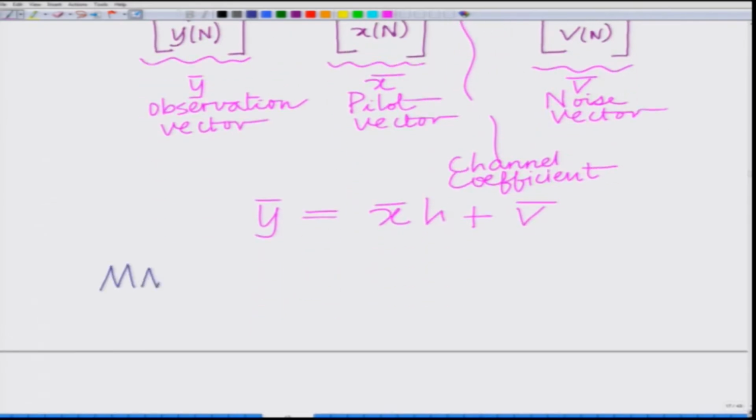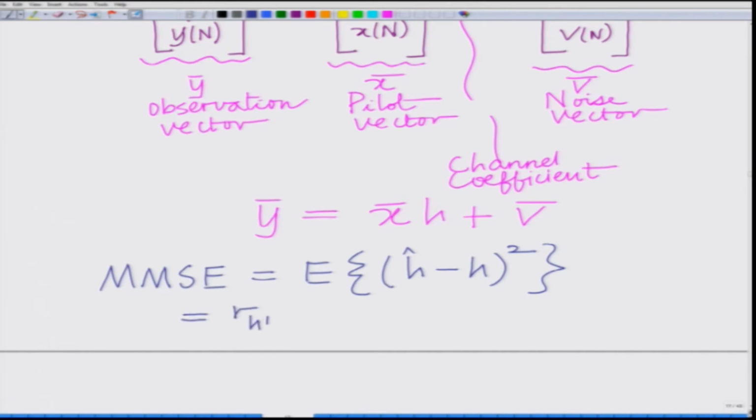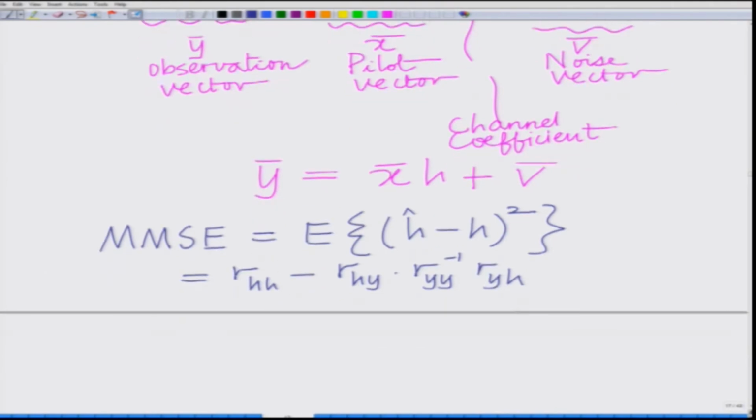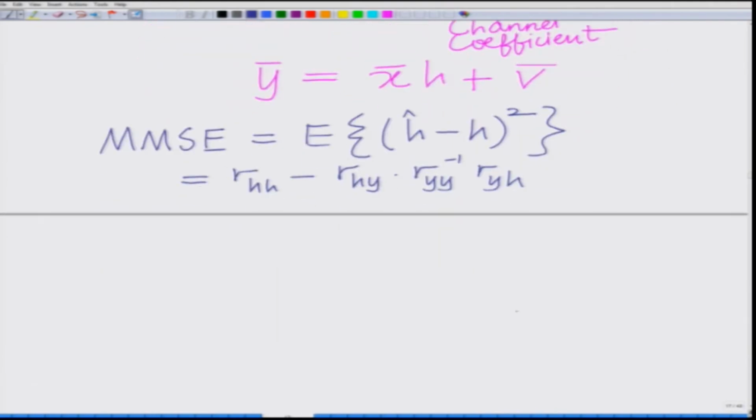and the MMSE, the minimum mean squared error, is equal to the expected value of magnitude of h hat minus h whole square. This is equal to R_HH minus R_HY into R_YY inverse into R_YH, correct.